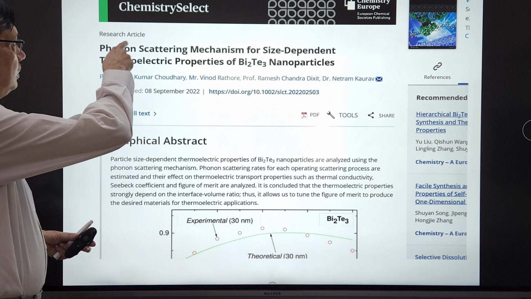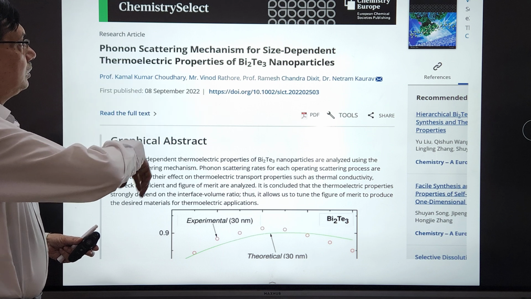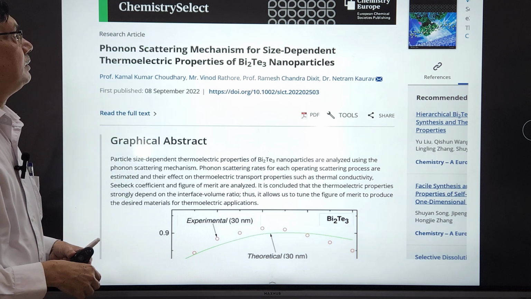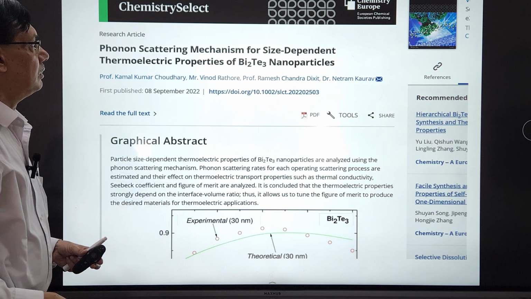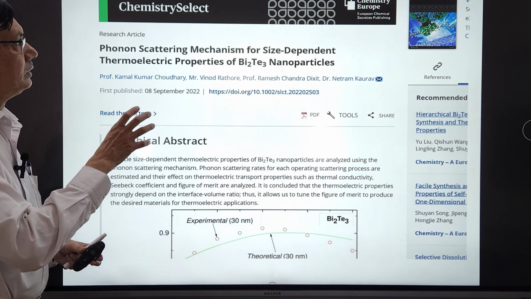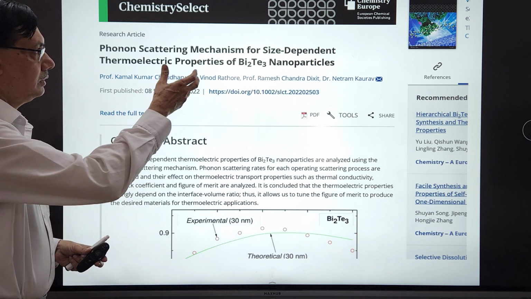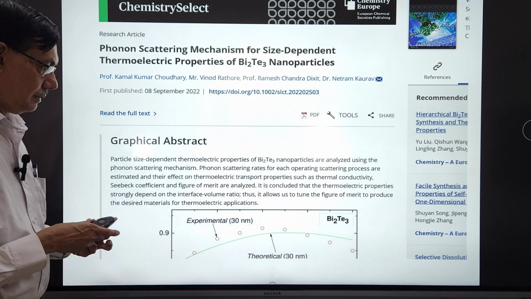So I have gone through this paper published in ChemistrySelect, and this is the phonon scattering mechanism for size dependent thermoelectric properties of some bismuth Te3 nanoparticles.